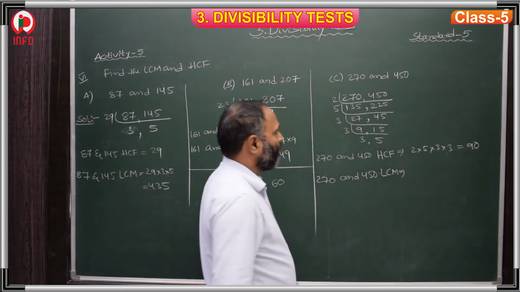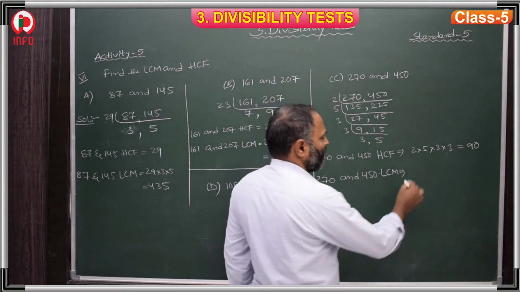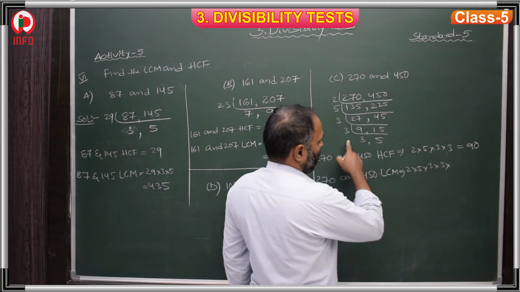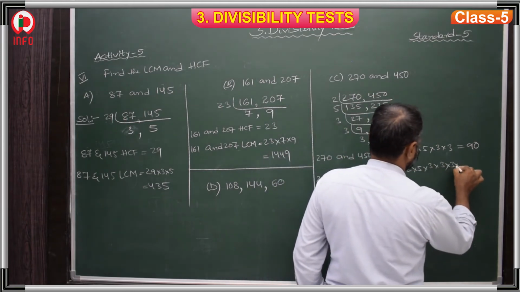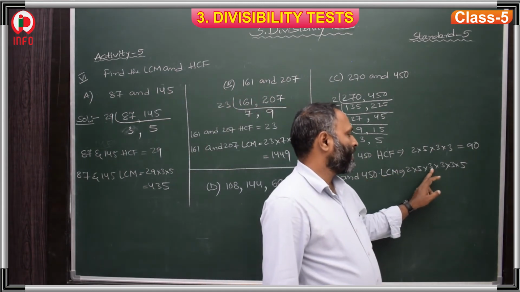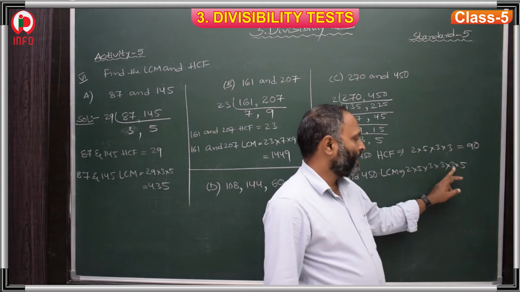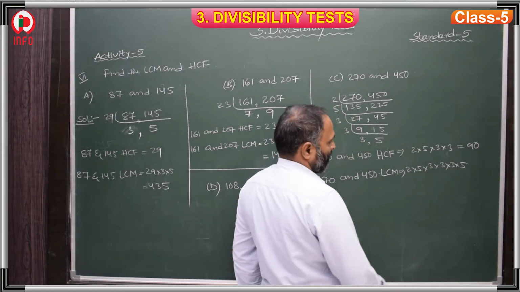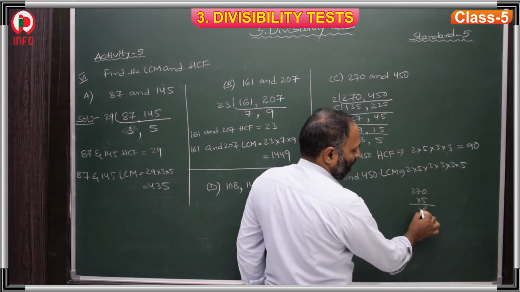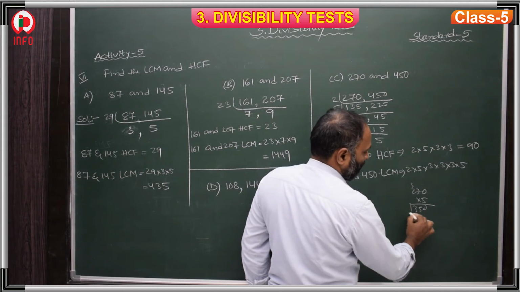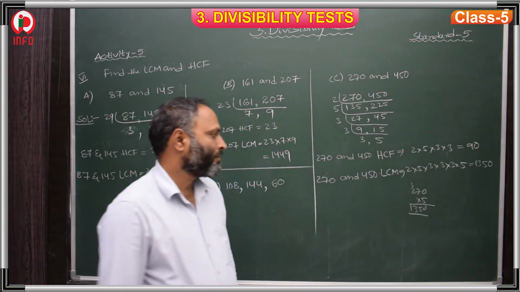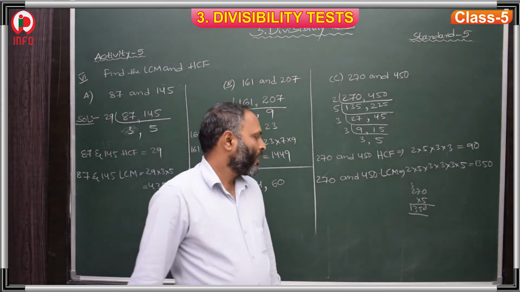LCM means we have to multiply all the numbers: 2 into 5 into 3 into 3 into 3 into 5. 2 fives are 10, 10 threes are 30, 30 threes are 90, 90 threes are 270, 270 fives are 1350. This is our LCM.